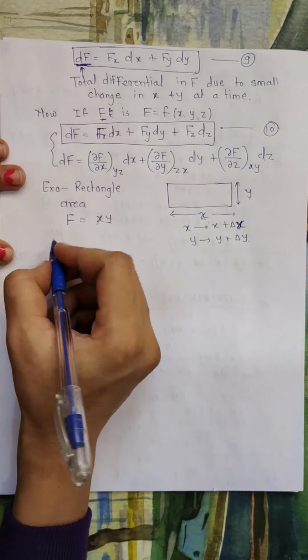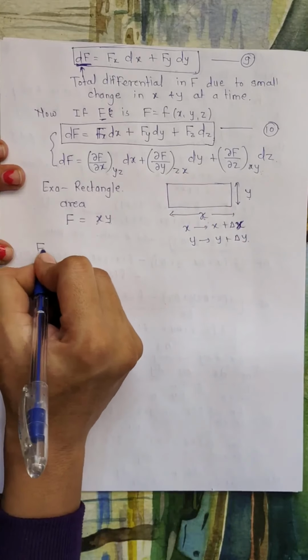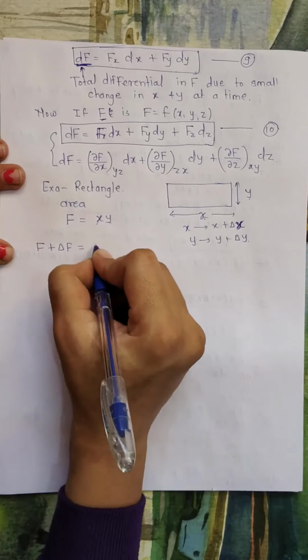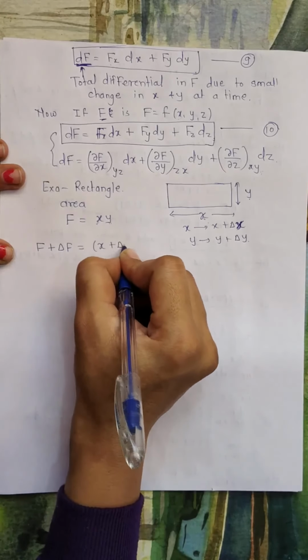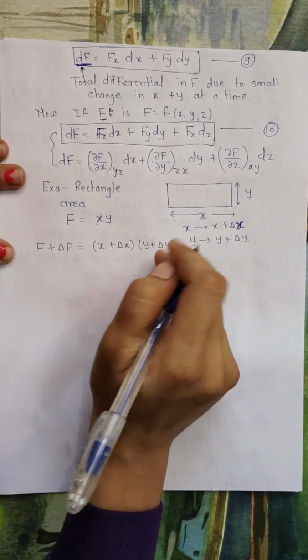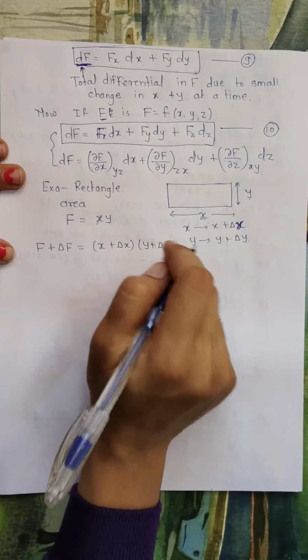So this change in area, that is change in f, is nothing but f plus delta f is given by x plus delta x into y plus delta y, both at the same time. We are changing both quantities at the same time.